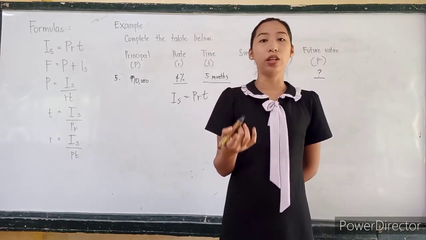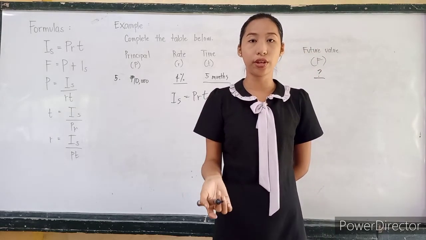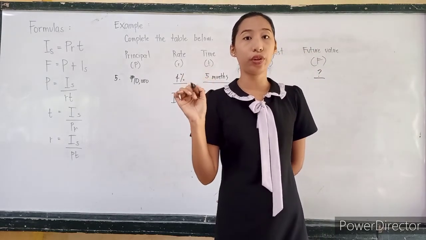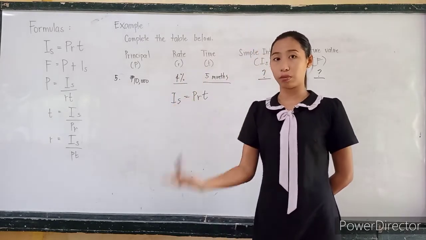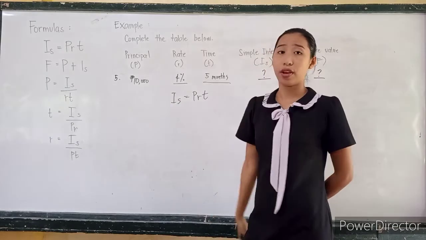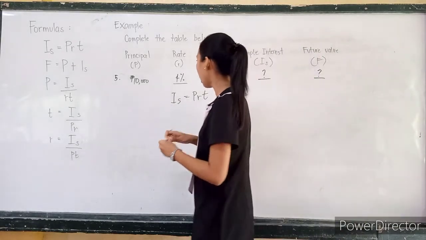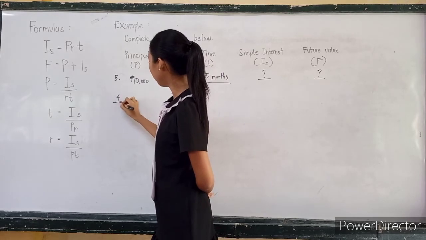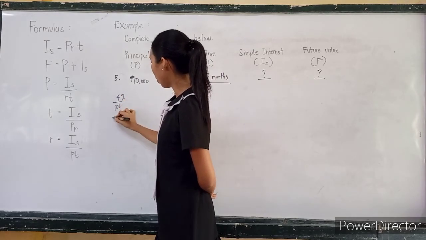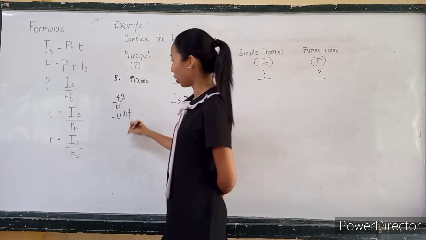In your module, the time is 5/12, which is fine. It's a fractional form. But here, we are going to use the decimal form. So, we divide 5 by 12. Here, we are going to have 4 divided by 100. This is going to be 0.04.